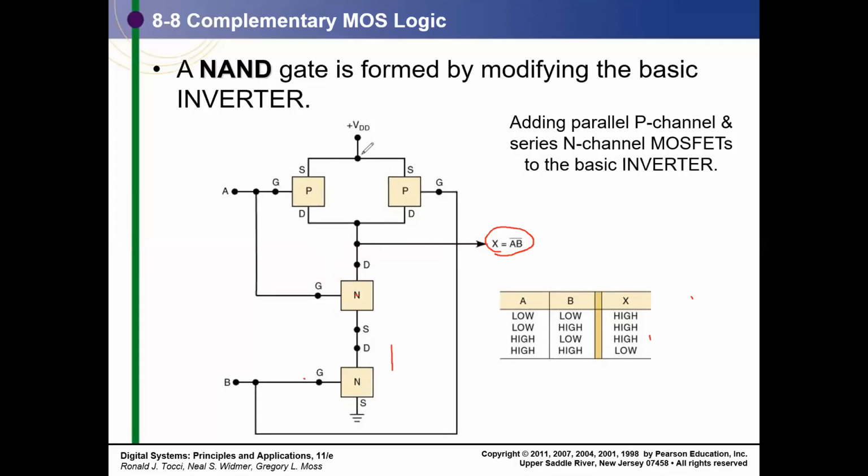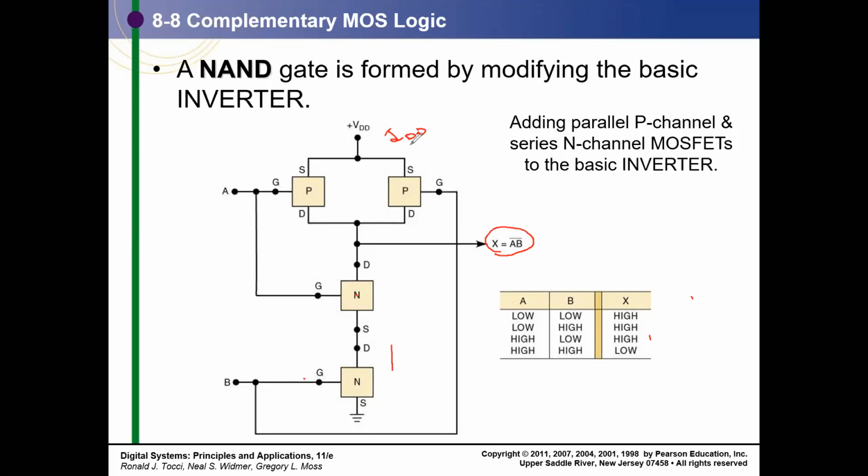You will note that there is only one path to the output, either from VDD to output, or one conducting path from ground to output. That is the beauty of CMOS. In whatever logic state you are, you never have a path from VDD to ground, and that saves your current. In the power expression, ICC here is known as IDD, the current drawn from the supply, because the supply is called VDD here; there it was called VCC.